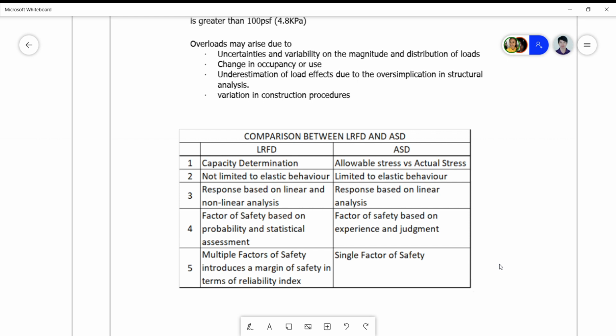So for the factor of safety, we take note that the LRFD is based on probability and statistical assessment, while ASD is based on experience and judgment.